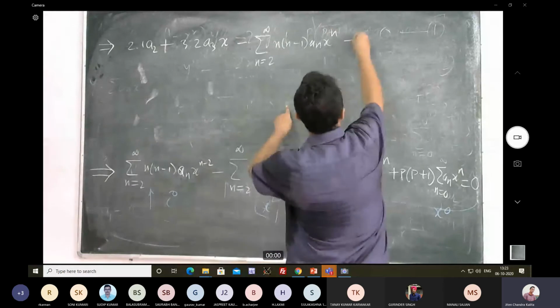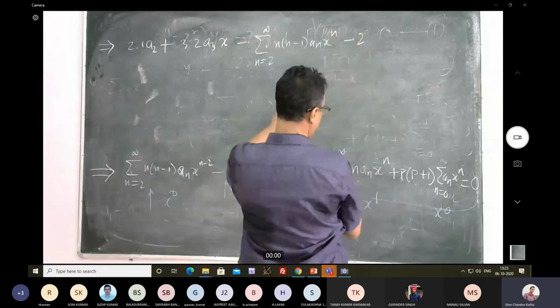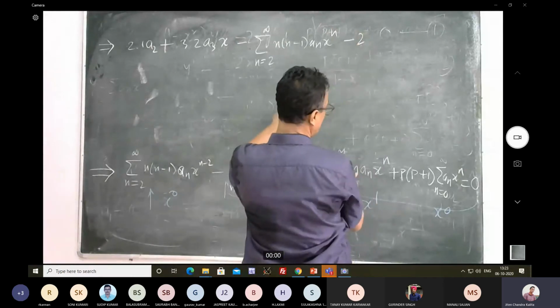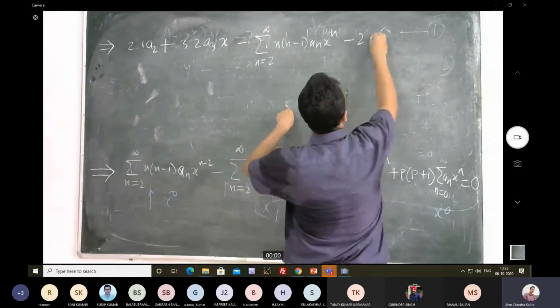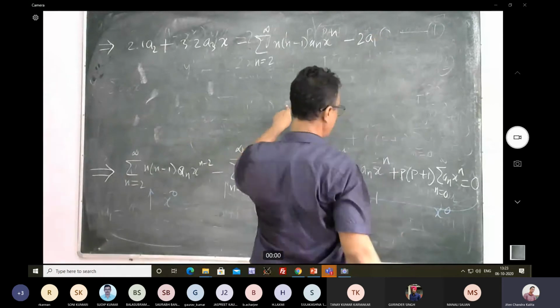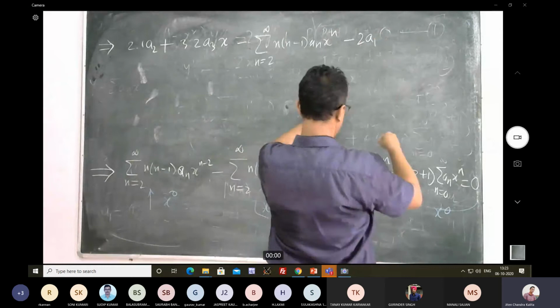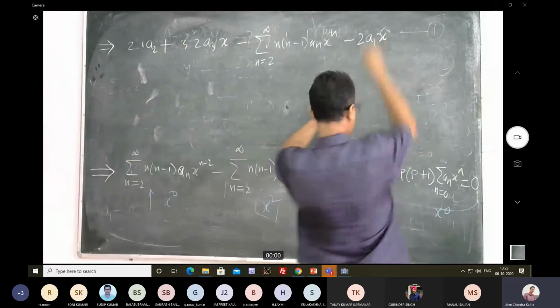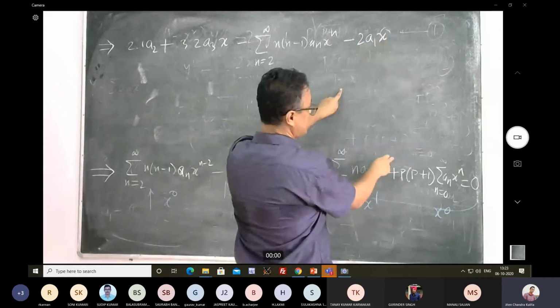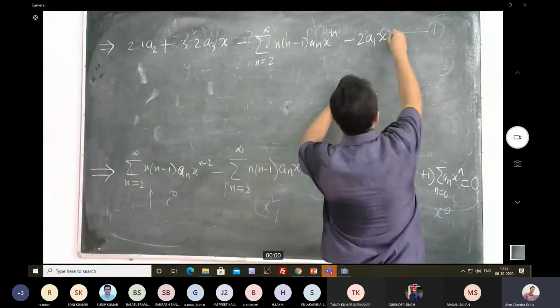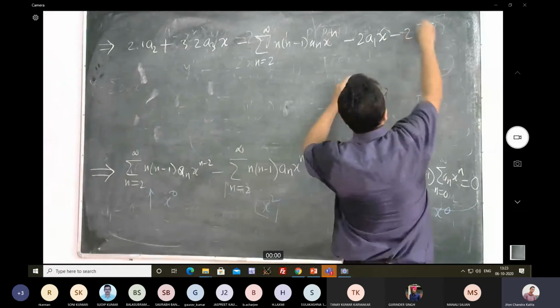So this is going to be minus 2. Then if you plug in n equal to 1, a1, so simply 2a1 x, because if n equal to 1, this is x, and then let the remaining series be as it is.